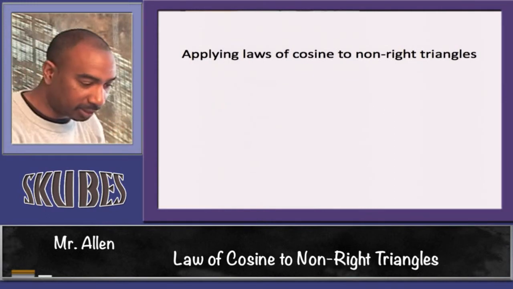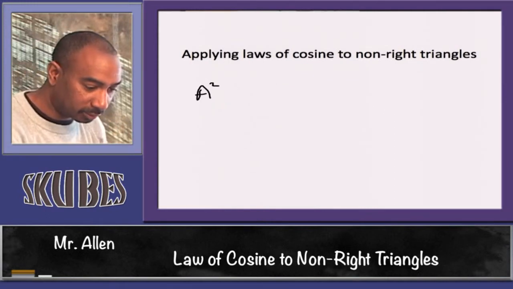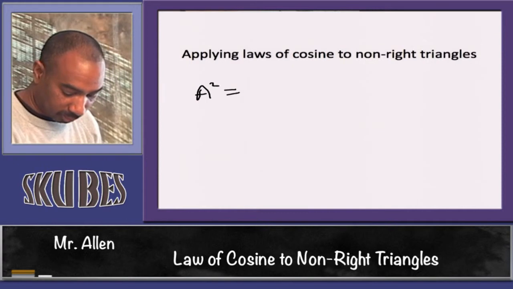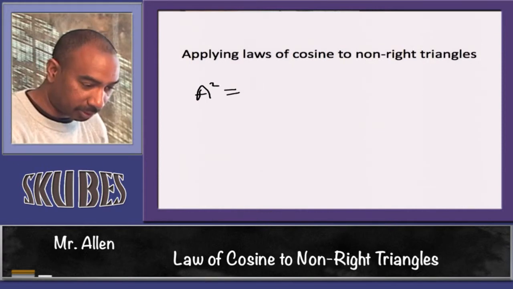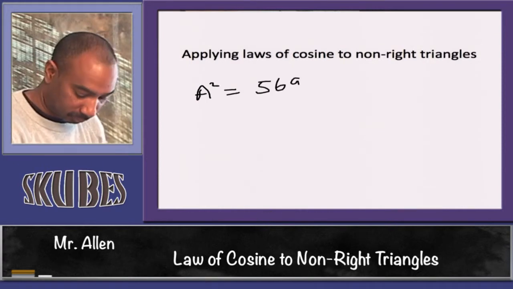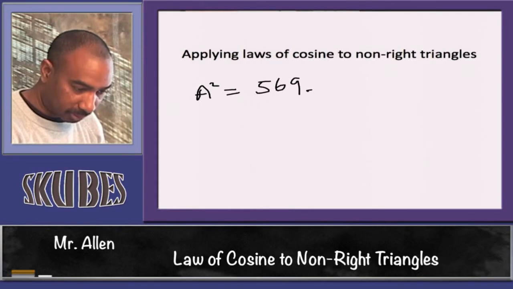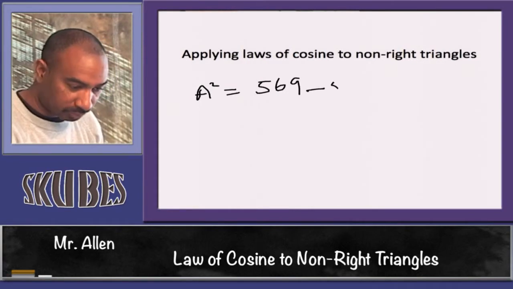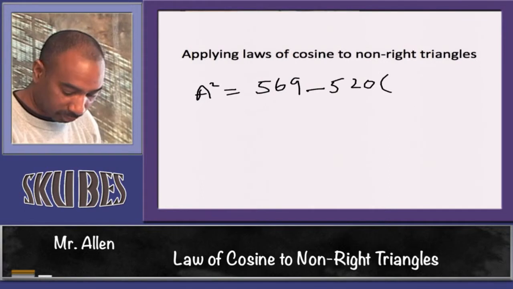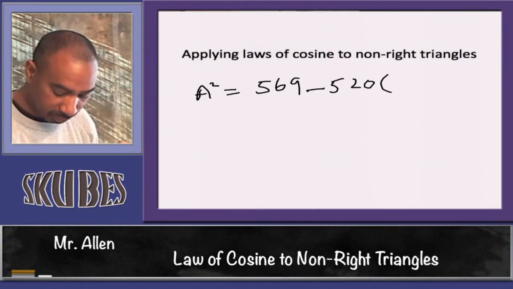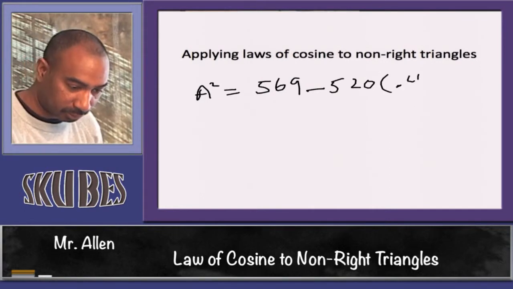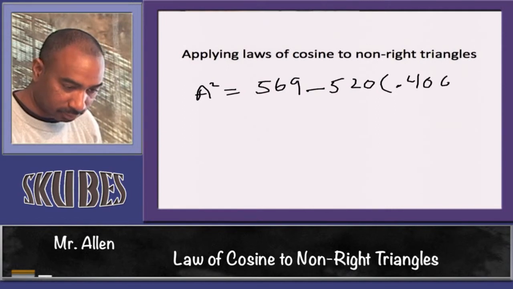If you simplify that, you're going to get A squared equals, if you add that up, 569 minus 520, and cosine of 66 is roughly about 0.406.